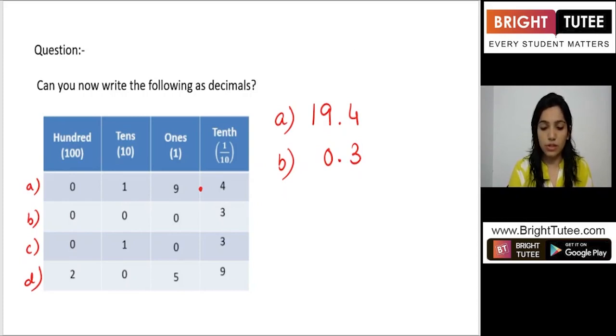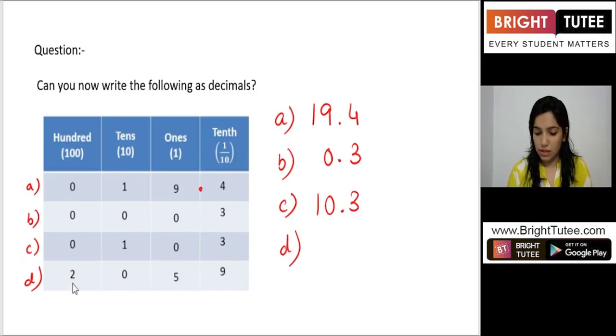So instead of that, let us just write 0.3. Now the C part, it is 1 at the tens place, 0 at the ones and 3 at the tenths. So it is 10.3. Now the D part, we have got a 2 at the hundreds place, then 0 at the tens, 5 at the ones and 9 at the tenths. So the number becomes 205.9.